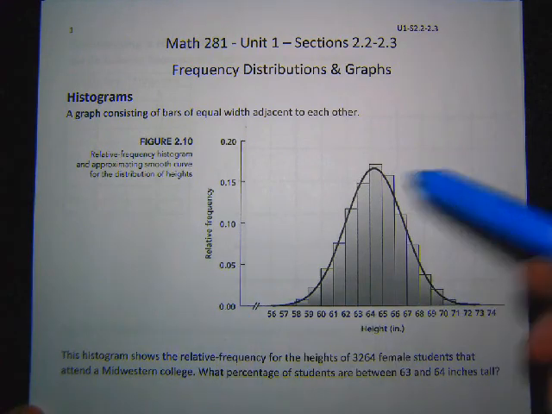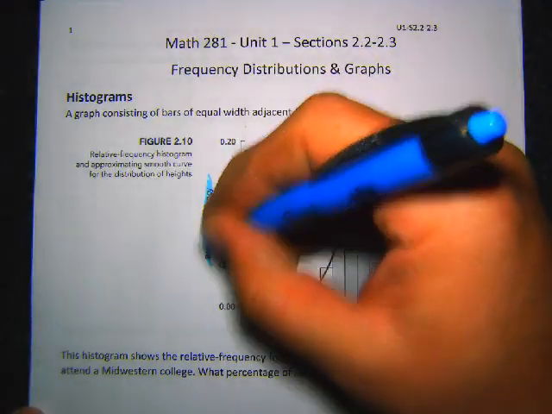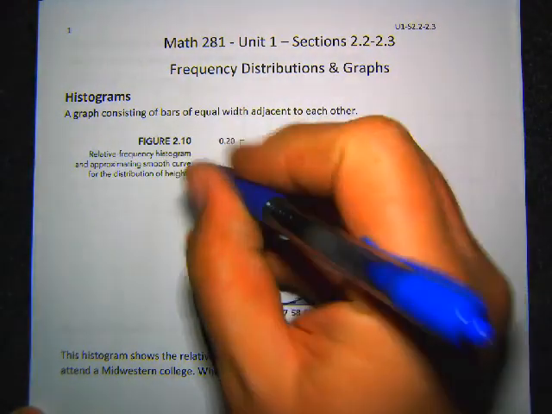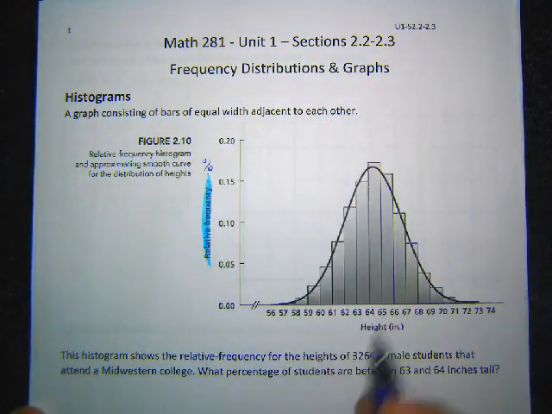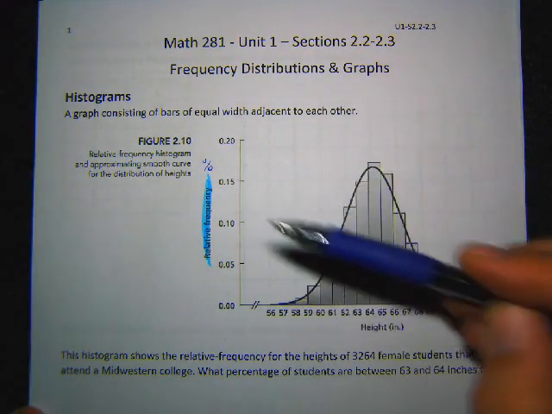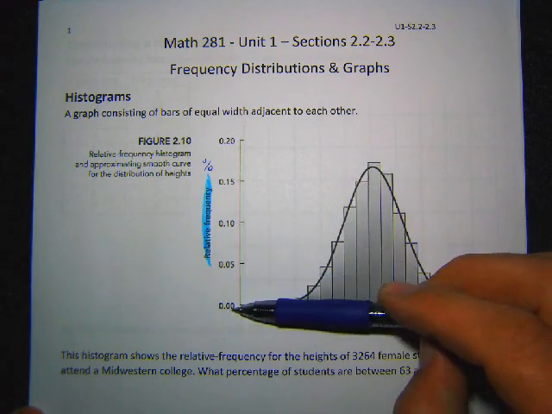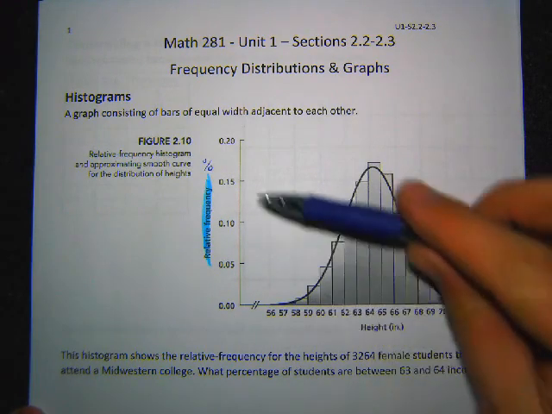In this situation, this is showing a relative frequency, and relative frequencies are always going to be percentages. They might be written in decimal form, like these are. So the 0.2 here would be 20%, 0.15 would be 15%, 10%, 5%, of course, 0%. And that's what this is showing.